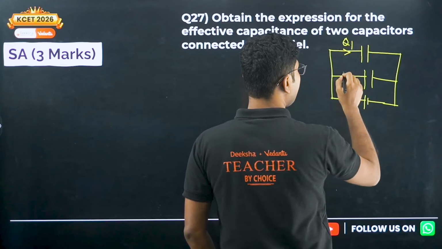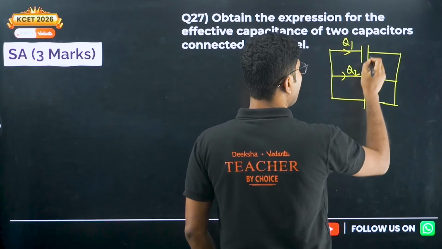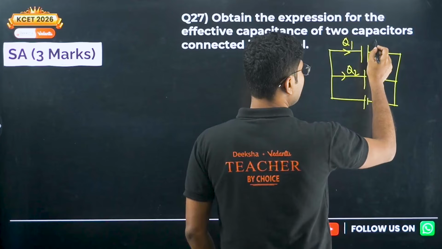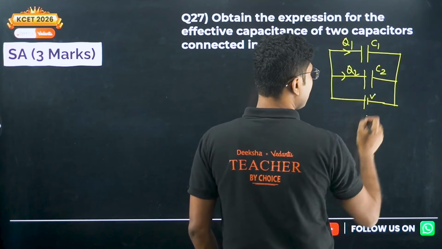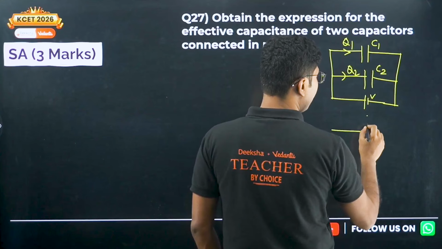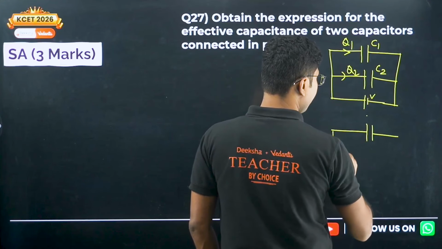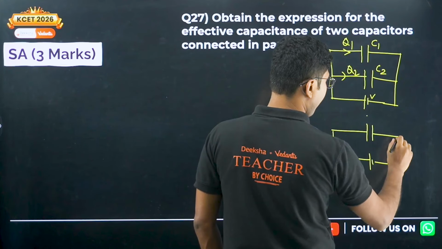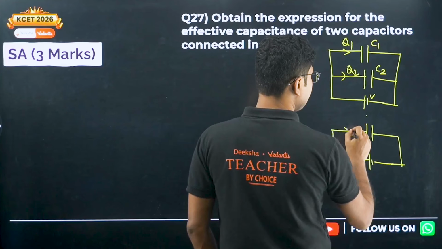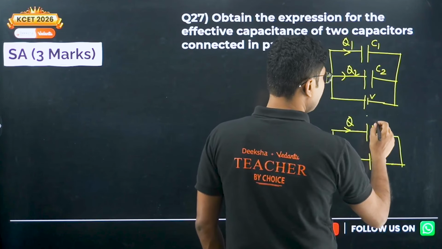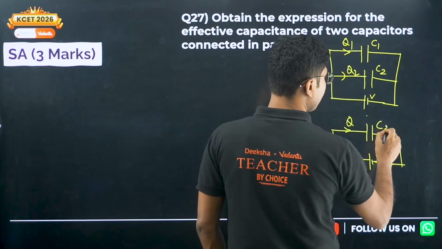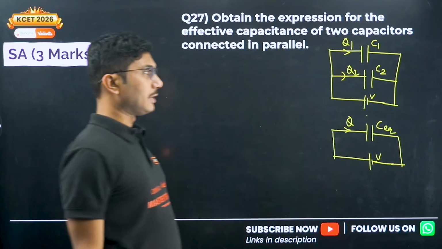So this is Q1, this is Q2, this is say C1, this is say C2, and the voltage that you have applied is V. In the equivalent circuit everything remains same. The total charge remains same, that is Q, and this is V, this is the C equivalent. This is the equivalent circuit.